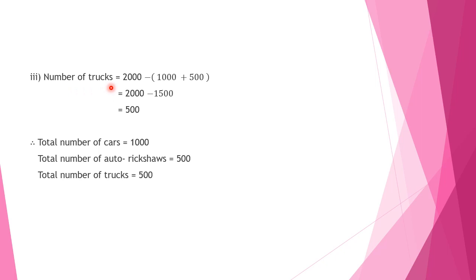The number of trucks is equal to 2000 minus (1000 plus 500). So 1000 plus 500, that is 1500. So 2000 minus 1500 is equal to 500. So the number of trucks is equal to 500. Therefore, the total number of cars is 1000, the total number of auto rickshaws is 500, and the total number of trucks is 500. Is it clear?